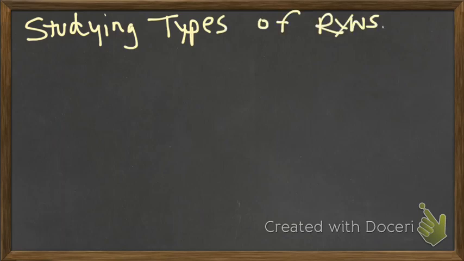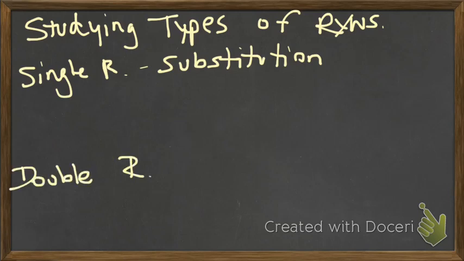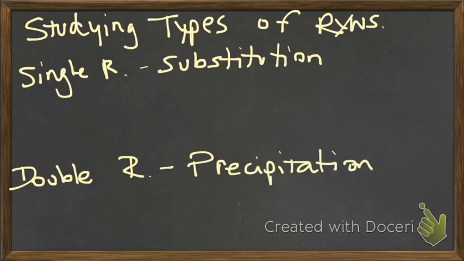The last two types of chemical reactions are single replacement, which we also refer to as substitution, and then double replacement, also known as a precipitation reaction. So we have single replacement and double replacement.